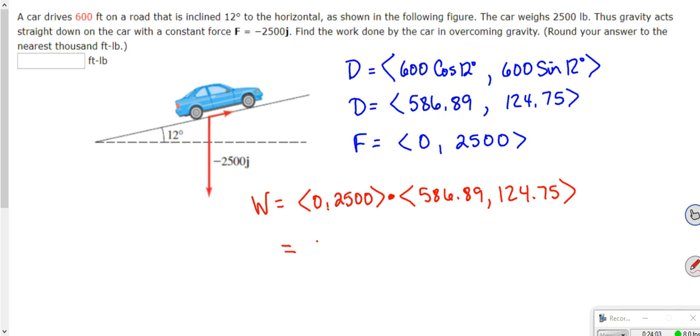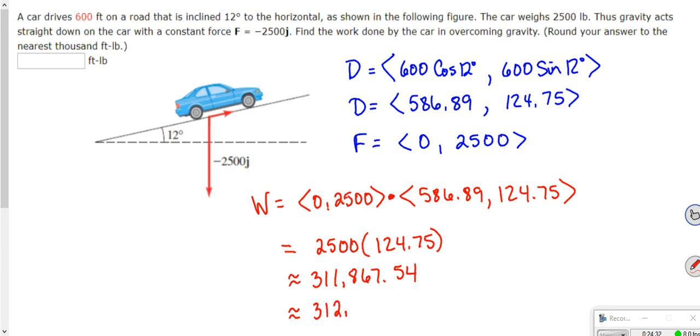So I'm really just concerned with the J component. So 2500 times 124.75 gives us approximately 311,867.54. Okay, which, if we read the directions, round your answer to the nearest 1,000 foot-pound. So the nearest 1,000 is 312,000.